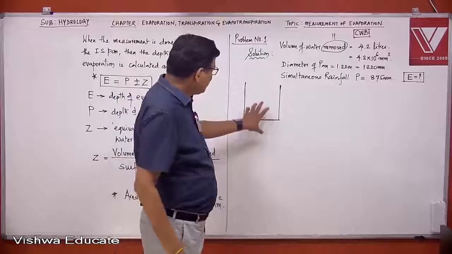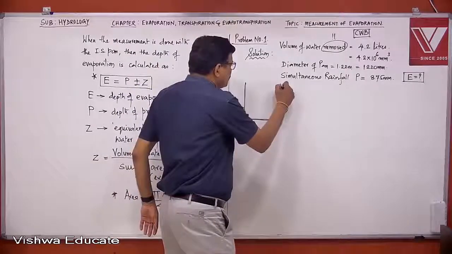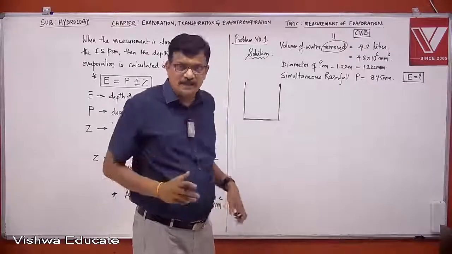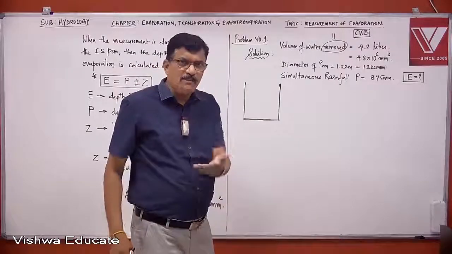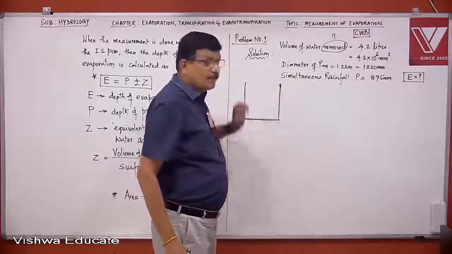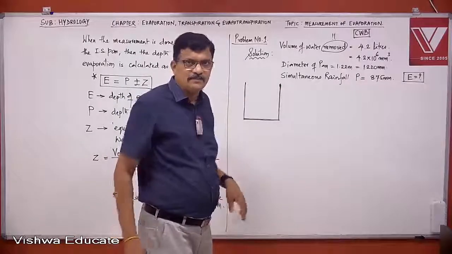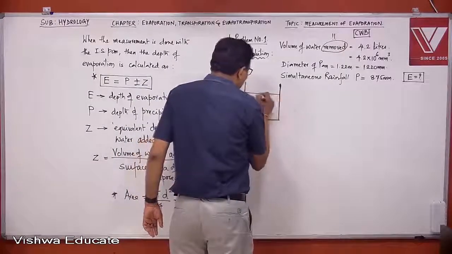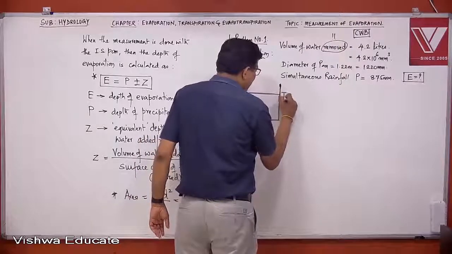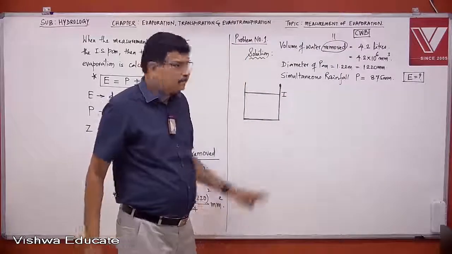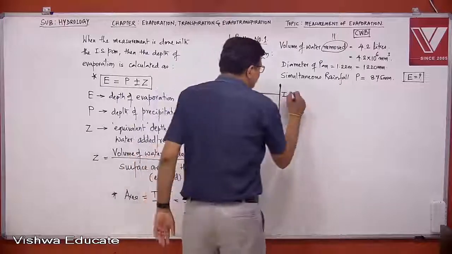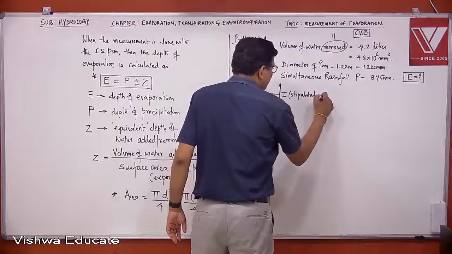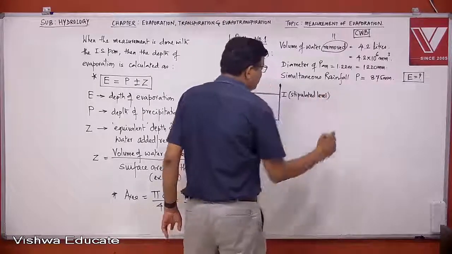Of course, by definition, this doesn't seem like this. This seems to be a container or a vessel. A pan has a shallower depth. But anyway, to understand, I have drawn a deeper depth for clarity. Now, for every evaporation pan, there is a stipulated depth. So, let level 1, this level, be the stipulated mark, or the stipulated depth or level.